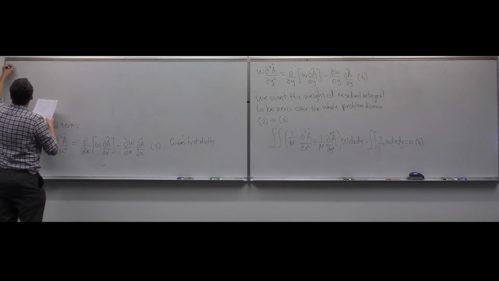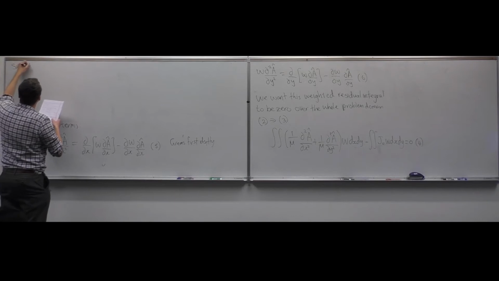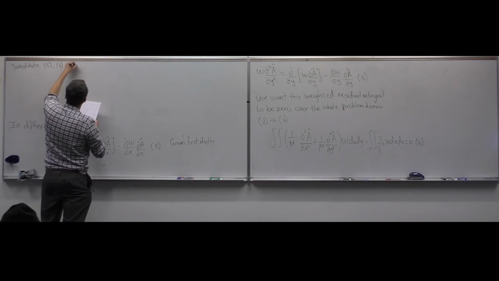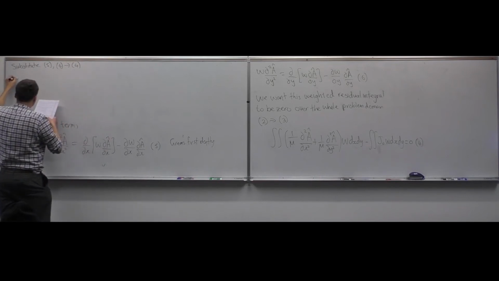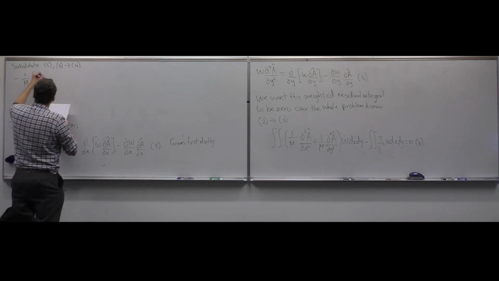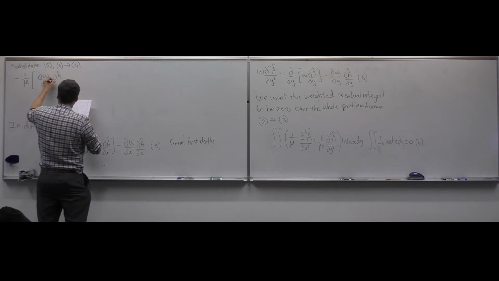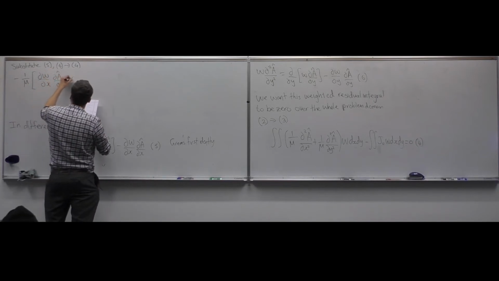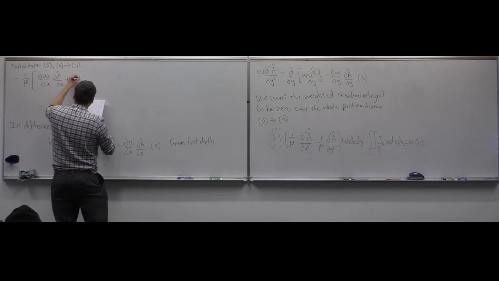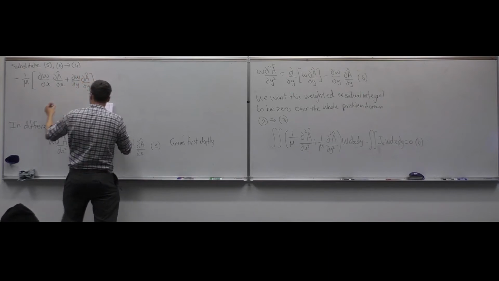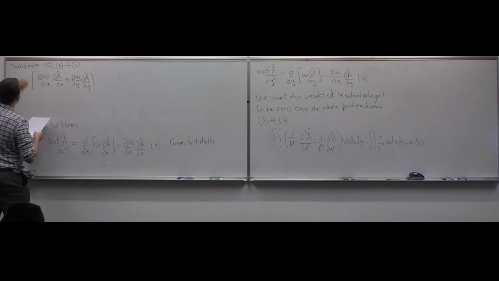So substitute 5, 6 into 4, so we get minus 1 over mu, del w over del x, del a hat over del x, plus del w over del y, del a hat over del y, and this should be a double integral here.